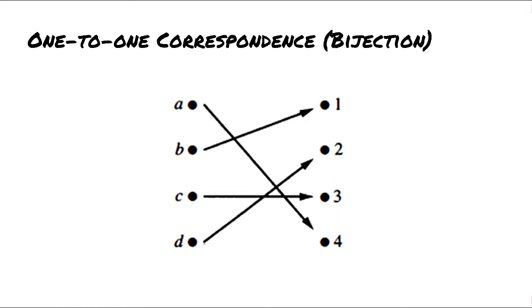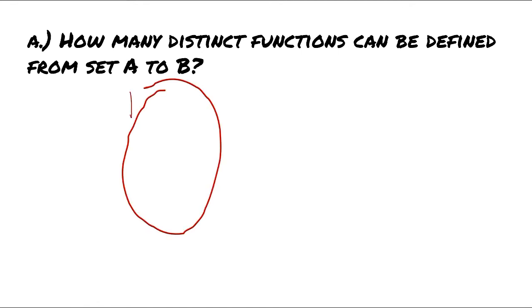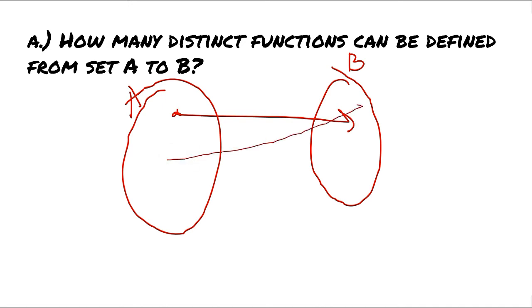So a question also arises: how many distinct functions can be defined from set A to set B? Say I have my domain here, set A, and codomain set B. How many functions can I create by mapping the elements of A to the elements of B? The question will be answered by emphasizing the number of assignments per domain.